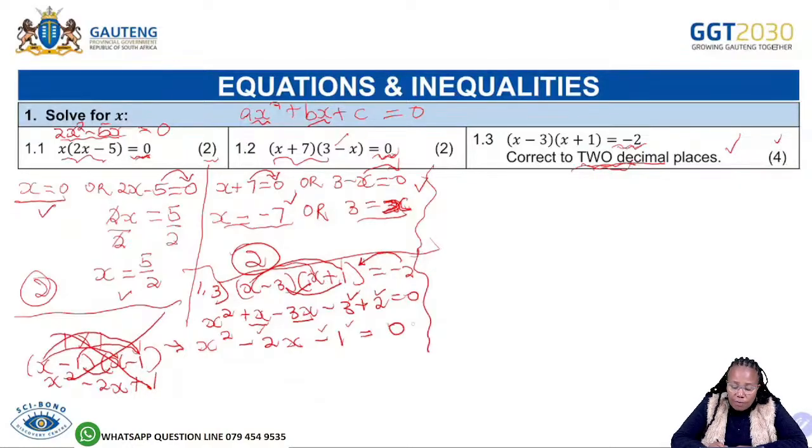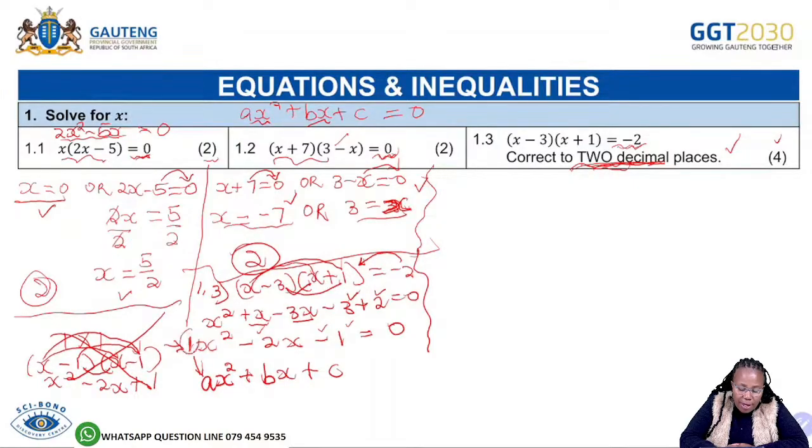So in order to find the correct one, you are relying on the quadratic formula because of this message here. So that means you will need the value of a, the value of b. Remember the original is ax squared plus bx plus c. That means the value here is the value of a.